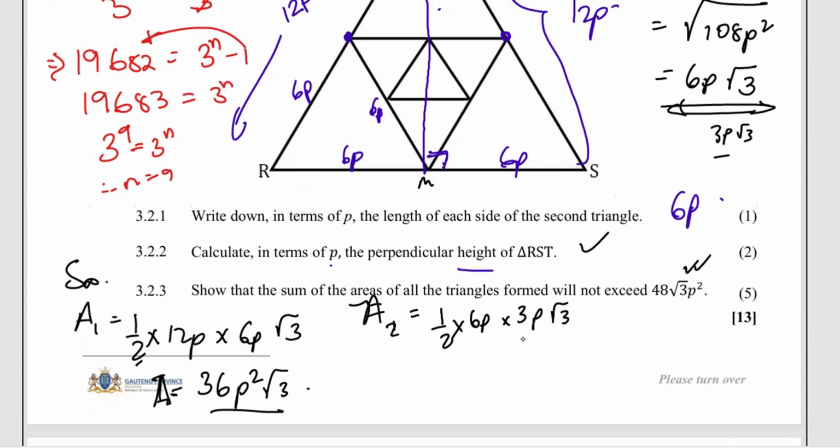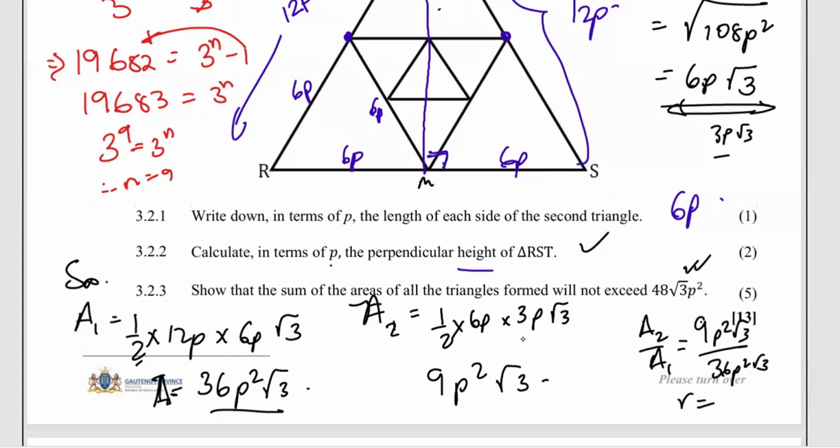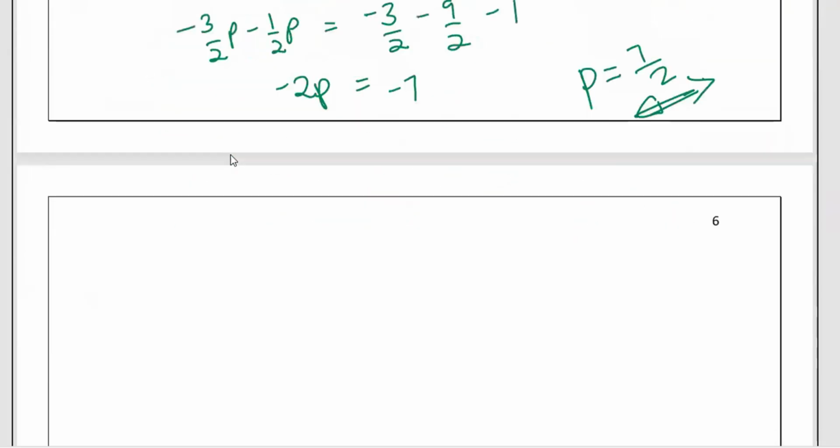This cancels that, we're going to have 9p squared root of 3. So if I divide, let's say a2 over a1, because I want to get the common ratio, it's going to be 9p squared root 3 over 36p squared root 3, meaning that my common ratio is 1 over 4. All right, so let's go to the sum to infinity.